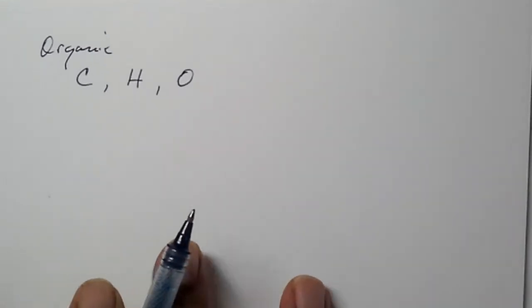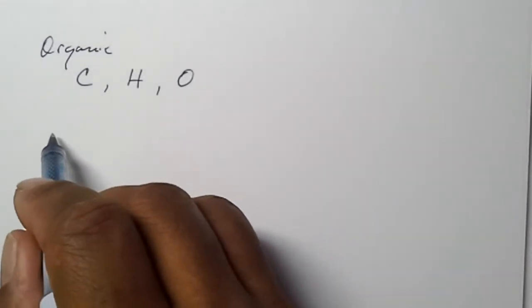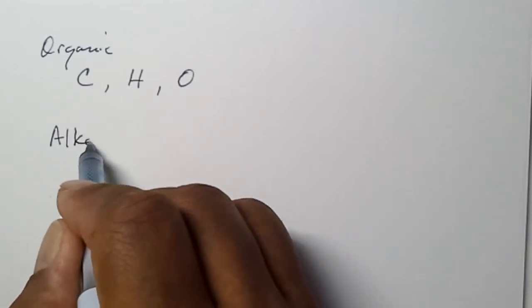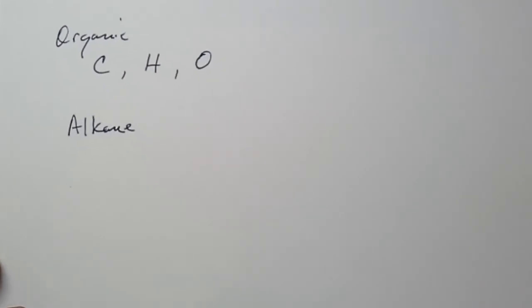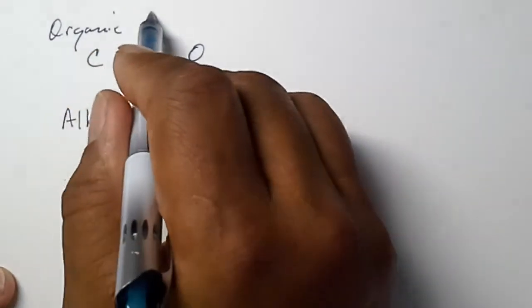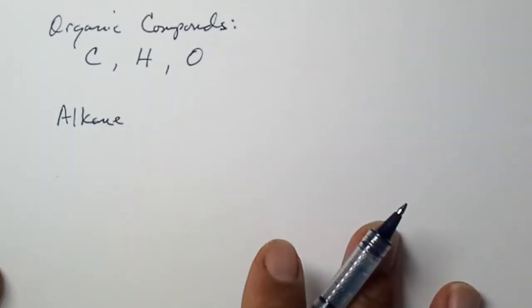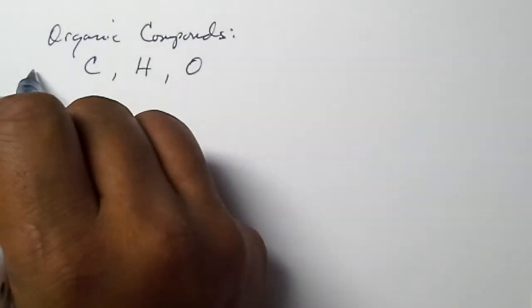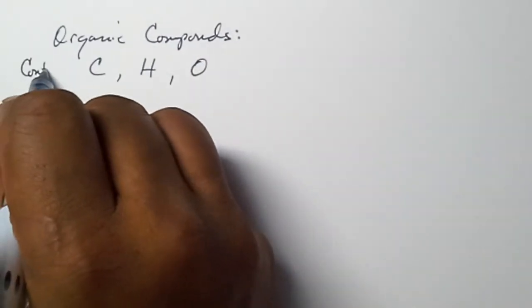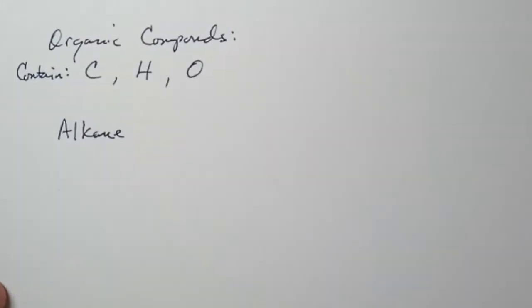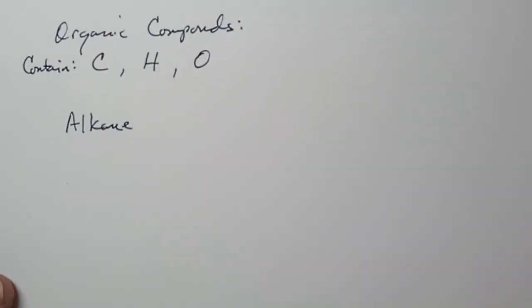Okay, so some of the functional groups we just saw have carbon, oxygen, and hydrogen, so they're considered organics. Alkanes, in the context that we're looking at, and alkenes are not technically organic, but they are components of organic compounds. So organic compounds contain carbon, hydrogen, and oxygen at a minimum.